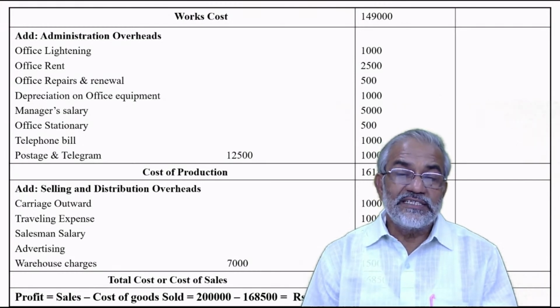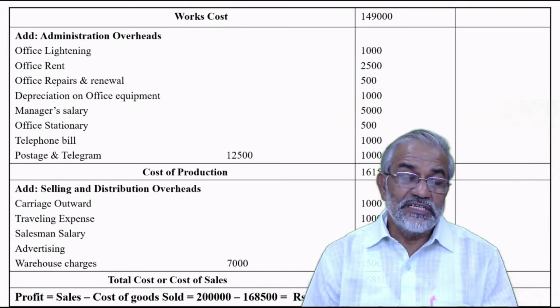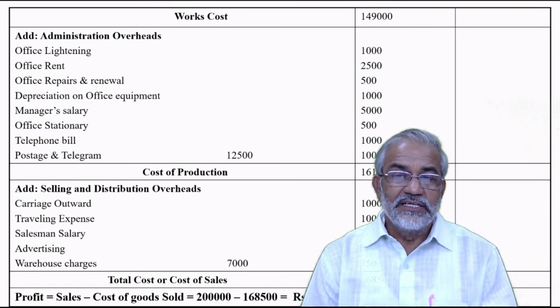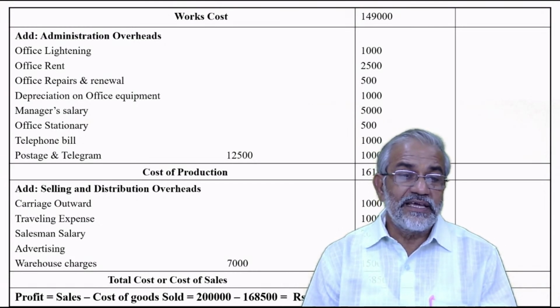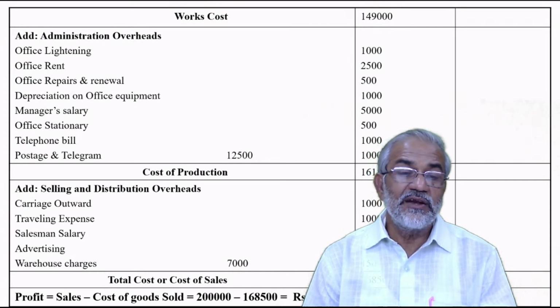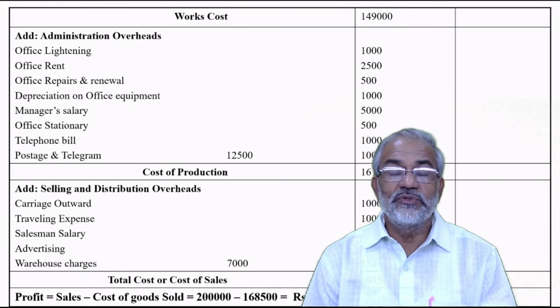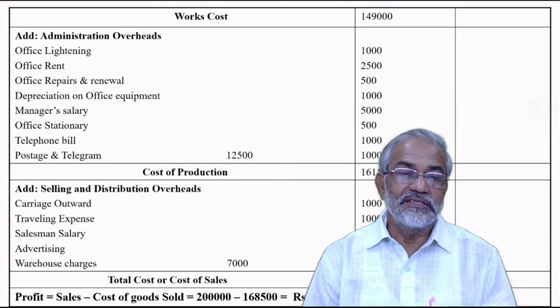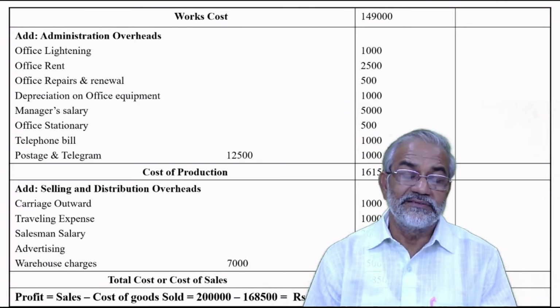Then warehouse charges, as given in the question, is 1,500, so that is taken as 1,500. So the summation of all the 5 figures, carriage outward, traveling expenses, salesman salary, advertising, and warehouse charges, comes to 7,000. That 7,000 is nothing but the selling and distribution overhead.